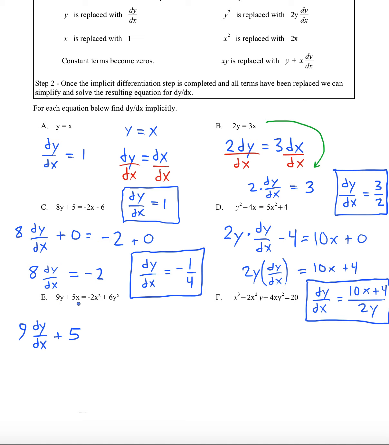But when you differentiate x with respect to x, it's just 1. So you don't have to put anything there. Here we'll get negative 4x, typical derivative of that. And we'll get plus 12y, but we have to put dy over dx.